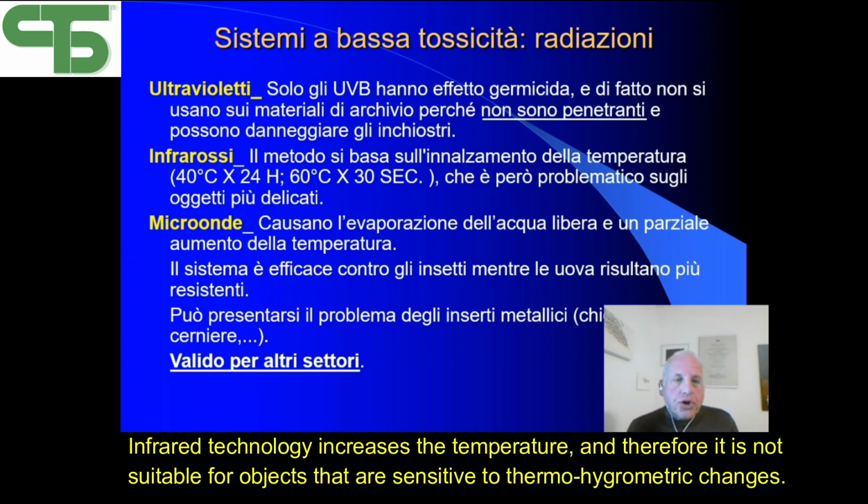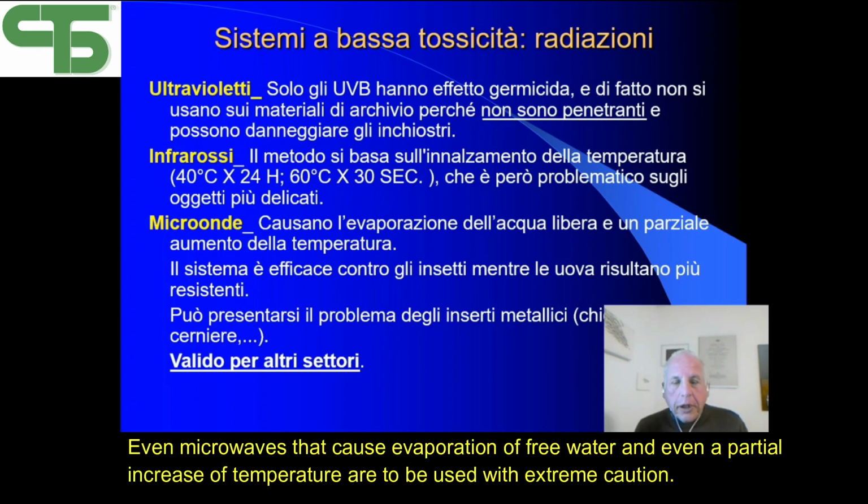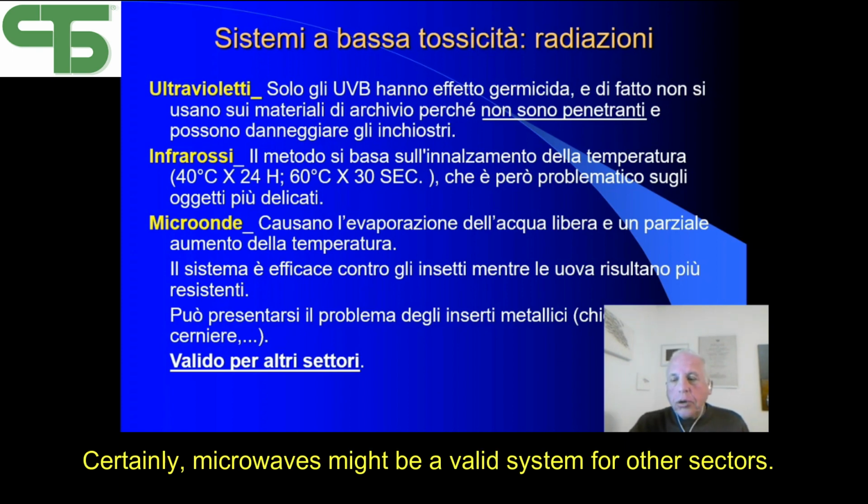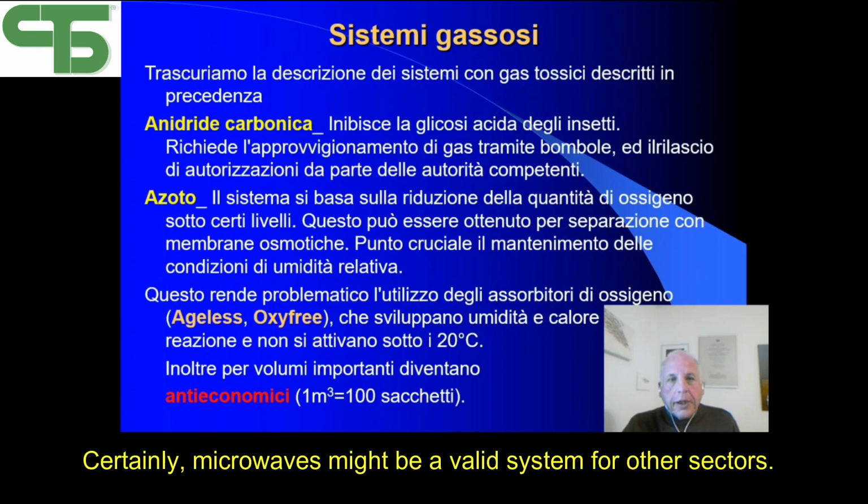Infrared technology is based on the increasing of temperature, and therefore it is not suitable for objects that are sensitive to thermohygrometric changes. Even microwaves, which cause evaporation of free water and even a partial increase of temperature, are to be used with extreme caution. They can present problems in the presence of metal inserts, nails, pins, etc. Certainly microwaves are a valid system for other sectors.